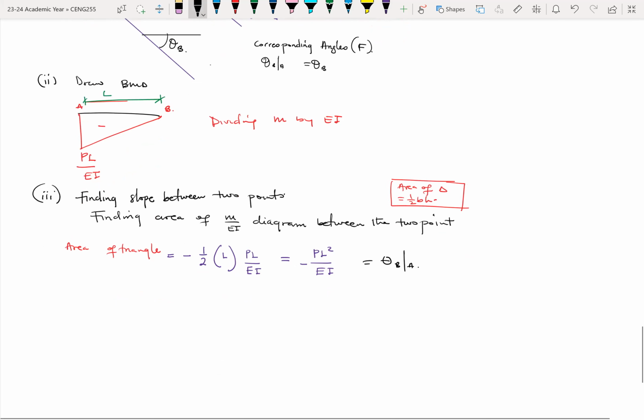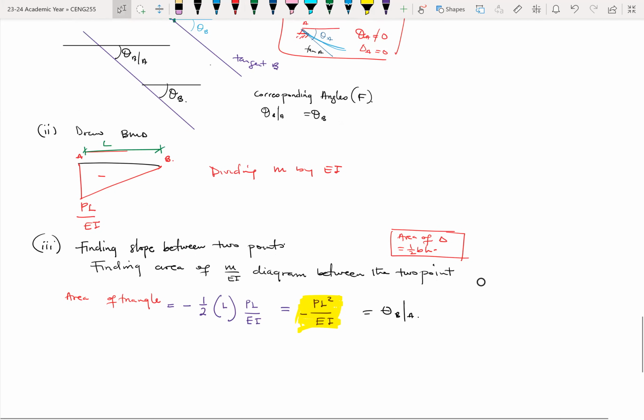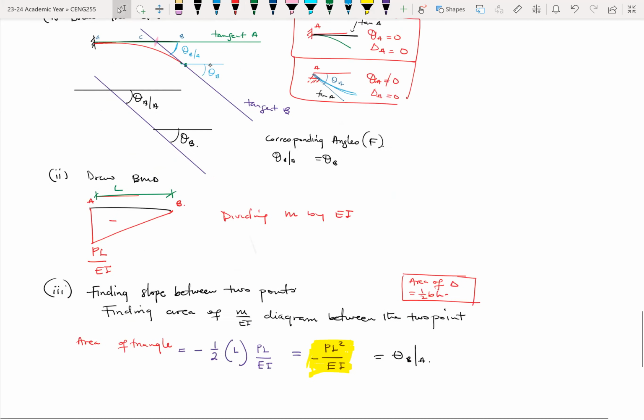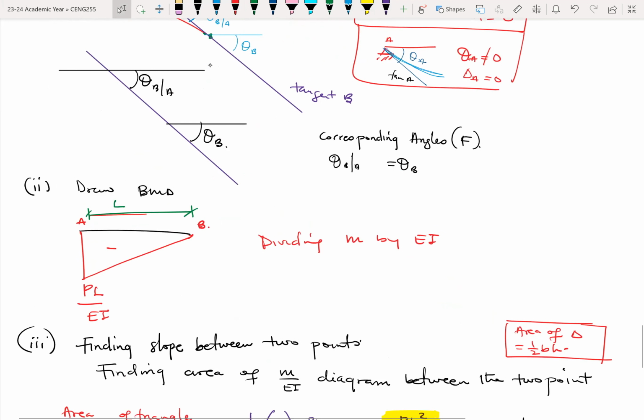So once we have minus PL squared over EI, it means that I can do a bit of comparison, right? Which I have already done from this computation, because this is tangent A, different color.